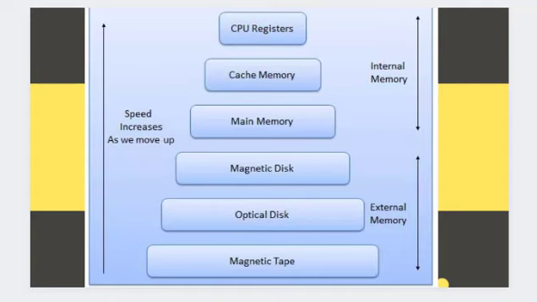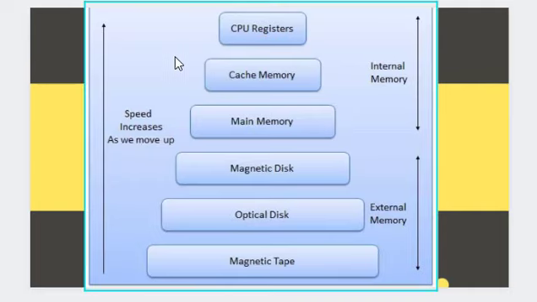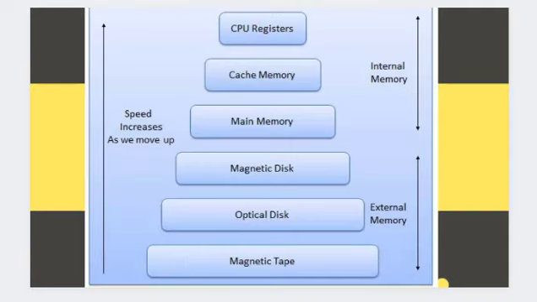Aside from that, the characteristics of this diagram is that as we go from top to bottom, remember from top to bottom, going down, the capacity in terms of storage increases. Next, the cost per bit of storage decreases.